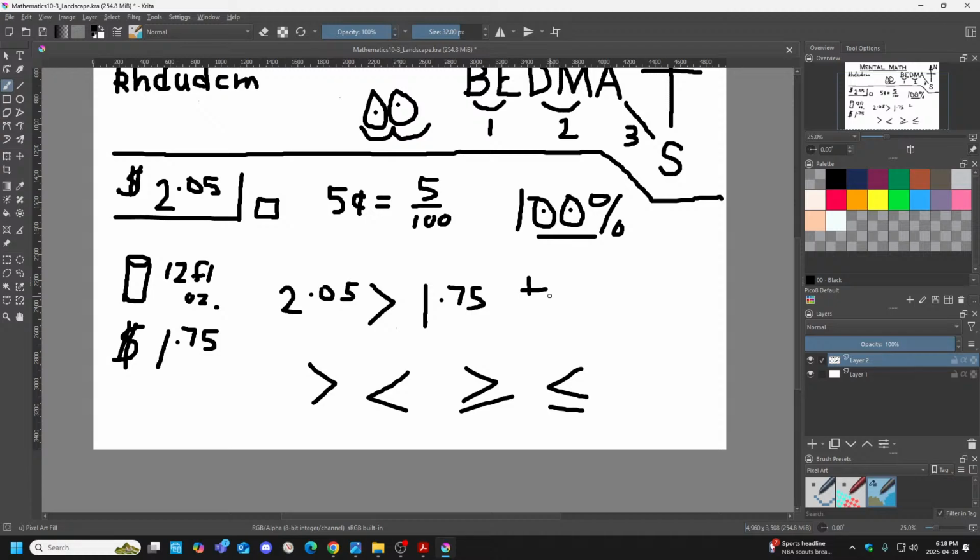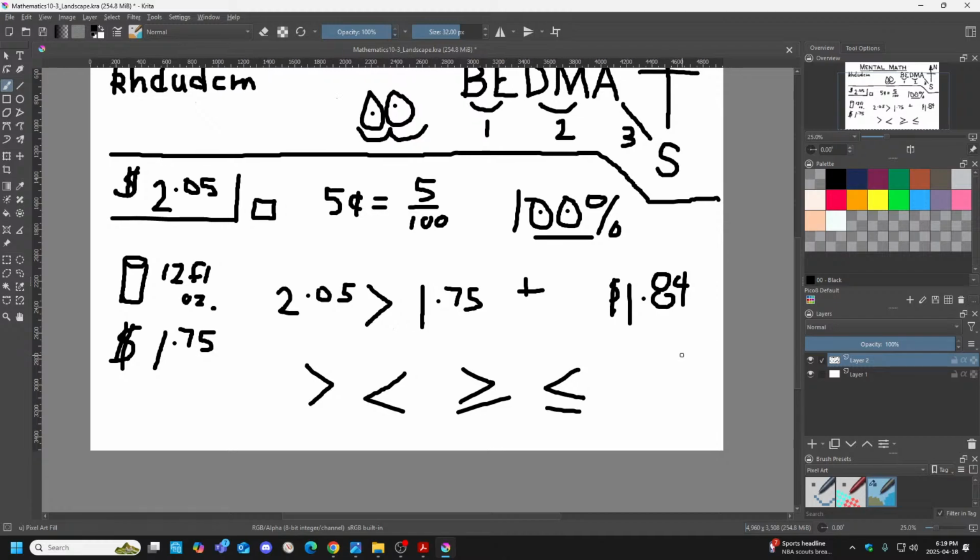So 5 divided by 100, right? 0.05. 0.05 times $1.75 plus $1.75. Yeah, definitely have enough. $1.84 essentially with tax. So there's enough, even with tax.